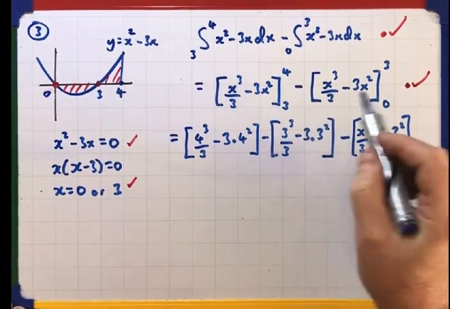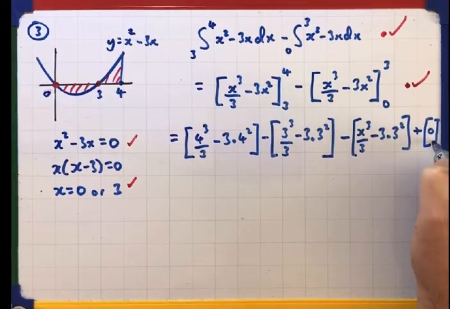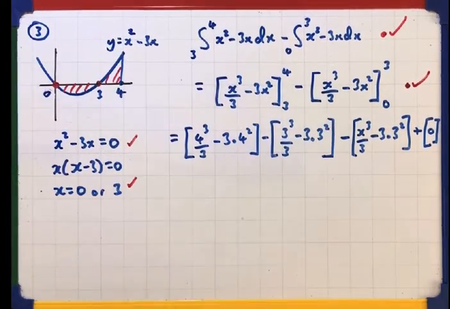And then because it's minus a minus, it would be plus. But if you're putting 0 in there, you just get 0 out, don't you? Because x times 0 is 0. Right, I gave you a mark for writing those down.